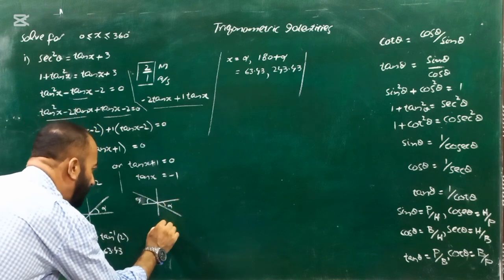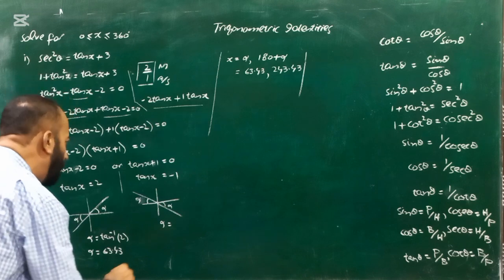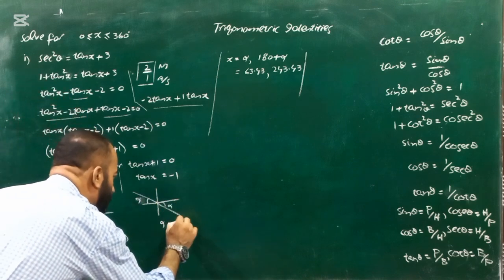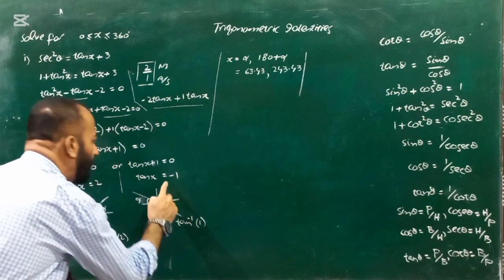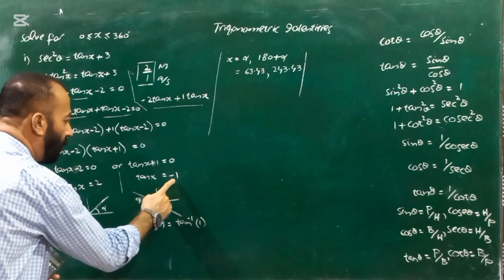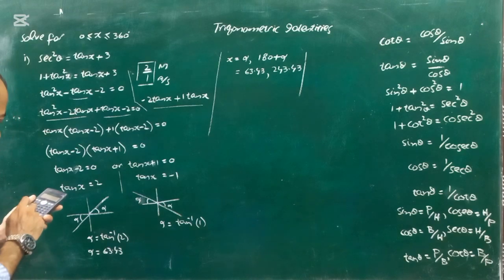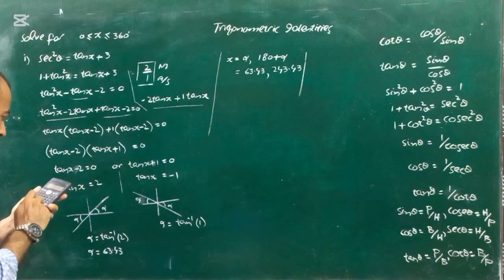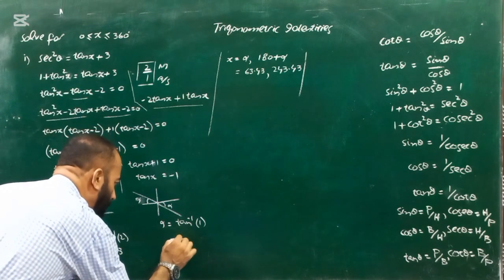Okay, the basic angle alpha is tan inverse 1, because the sign of the minus was only to decide the quadrants. Okay, now tan inverse 1, the answer is 45.